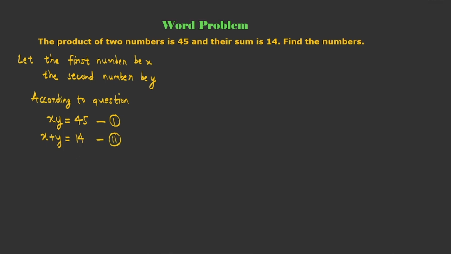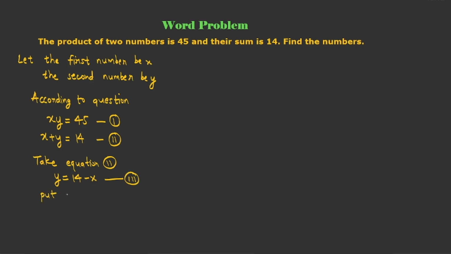Now from any of the equations you can take the value of x or y in terms of y and x. So here I am taking equation 2. From here you can get the value of y as 14 minus x. Name it equation 3.